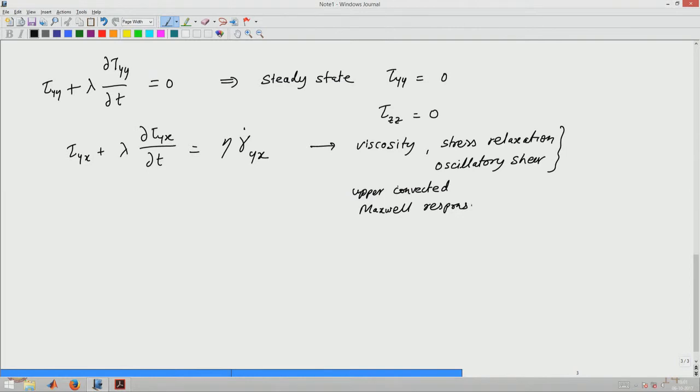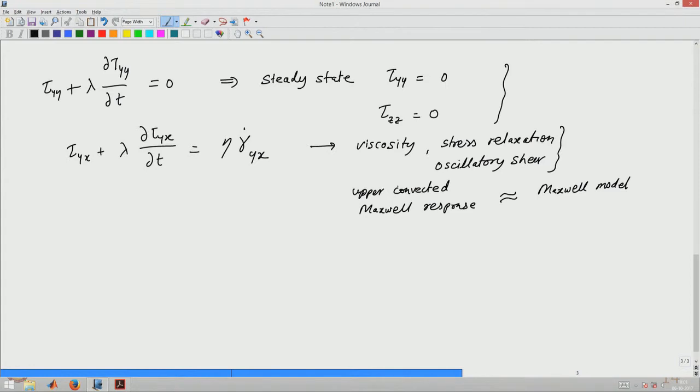In fact, these two components being 0 is also similar to the Maxwell model response.